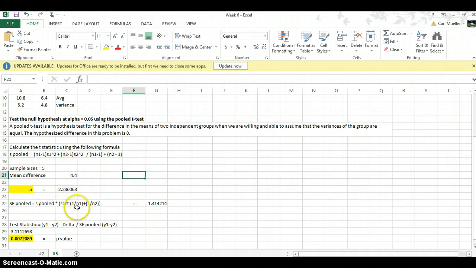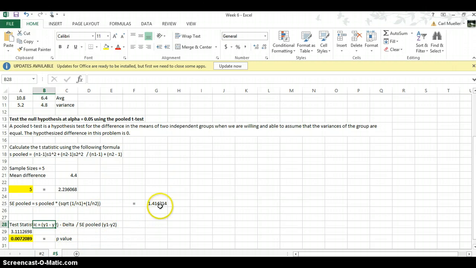Now we have our standard error pooled, and we have the hypothesized difference. We have our mean difference, which is 4.4. So for our test statistic, we have 4.4, delta is 0. Remember, in the hypothesis, delta is 0. And then the standard error pooled, which we just calculated.